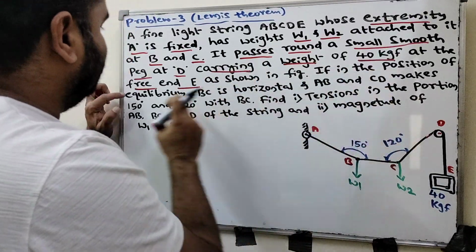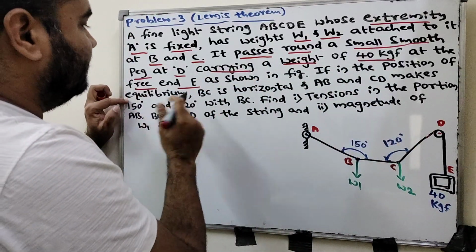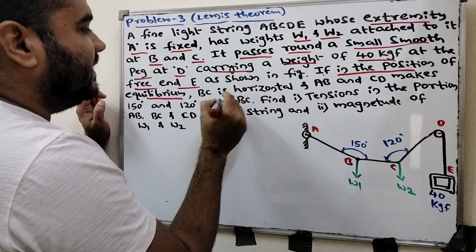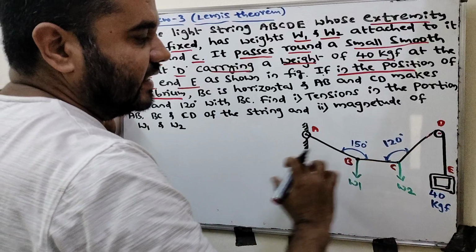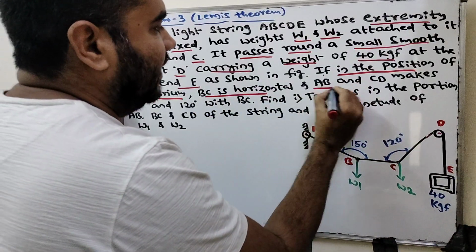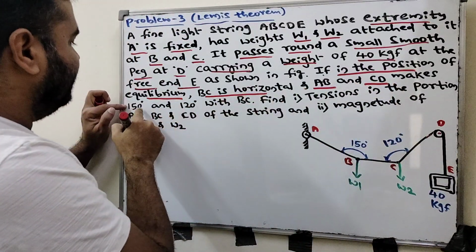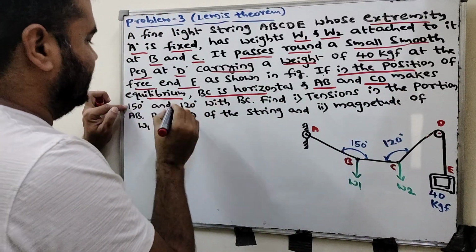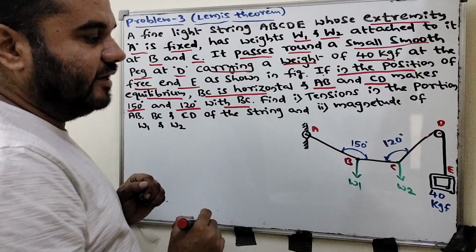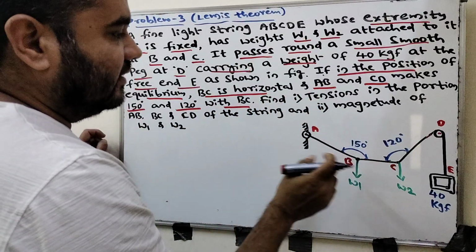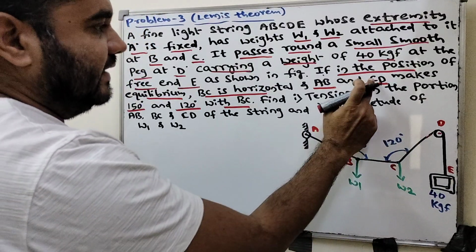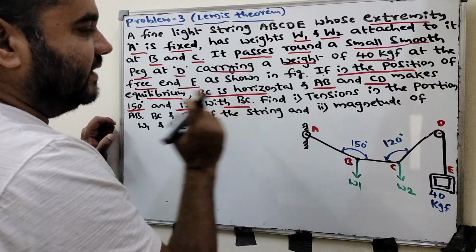If in the position of equilibrium, BC is horizontal, exactly horizontal, and AB and CD make 150 degrees and 120 degrees with BC. It means AB makes 150 degrees with BC, and CD makes 120 degrees with BC.